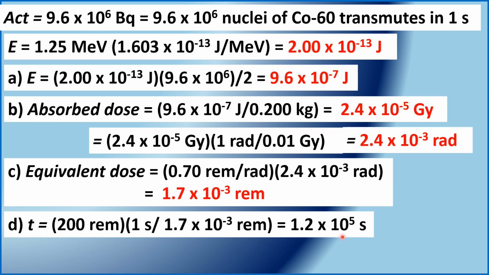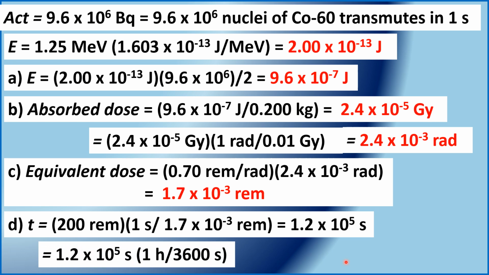1.2 times 10 to the 5th seconds, when converted to hours, of course, we just divide this by 3,600 seconds, and we will get this length of time in hours, which in two significant figures is equivalent to 33 hours.